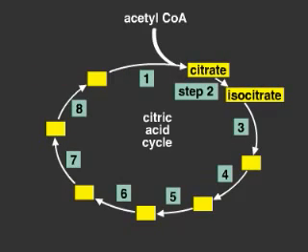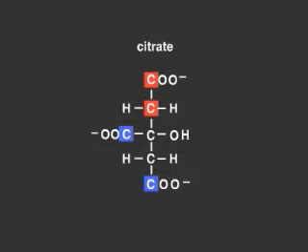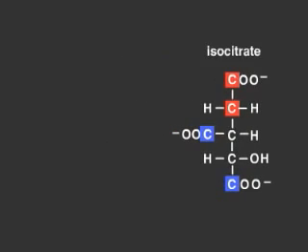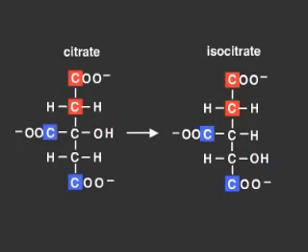In the next step of the cycle, citrate rearranges to form isocitrate. Note that the hydroxyl group is in a different position in these two molecules.